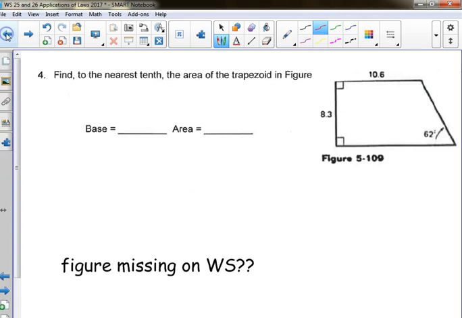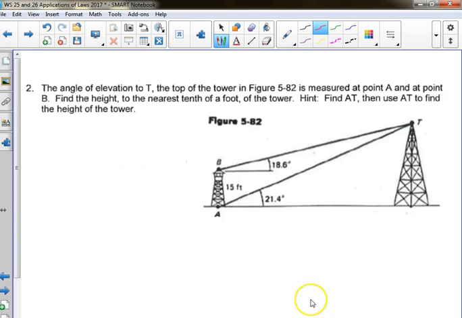On this worksheet number 2? Okay. What you have to do on this question, is it asking for the height of the tower? Okay. What you have to do, and my drawing is going to be really bad, always anyway, but okay.